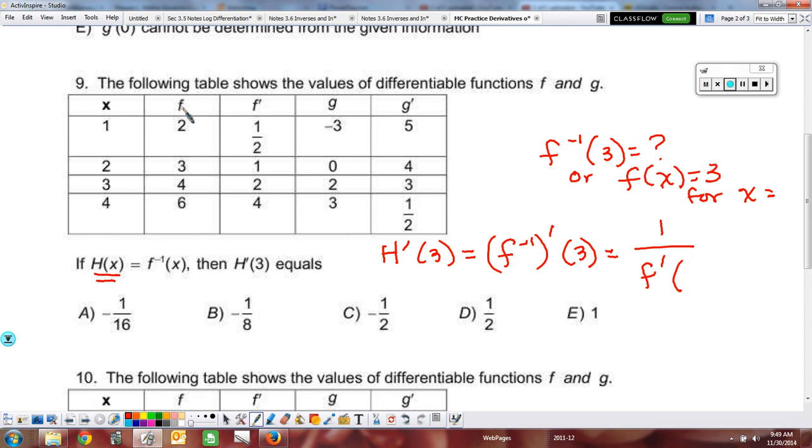So I find f, and I figure out where f is equal to 3, and then I figure out the corresponding point, which is 2. And so now I need to find the slope on f at 2. And so that would be, here's my f prime at 2, which is 1. And so my final answer is 1, or E.